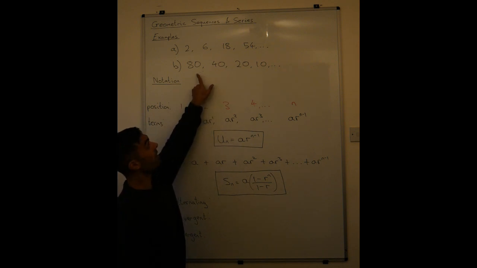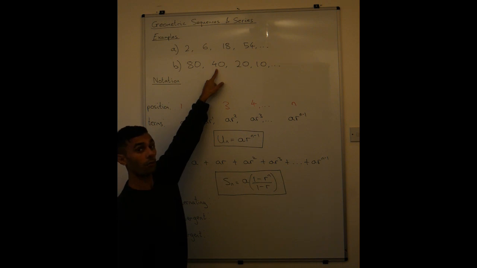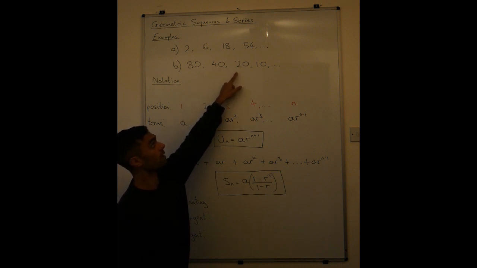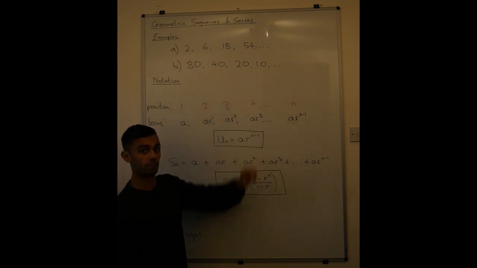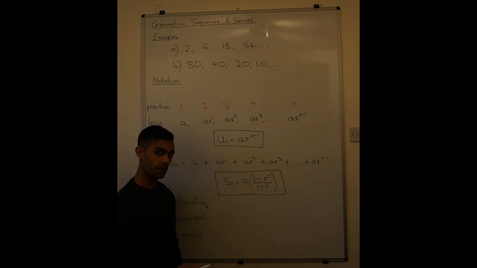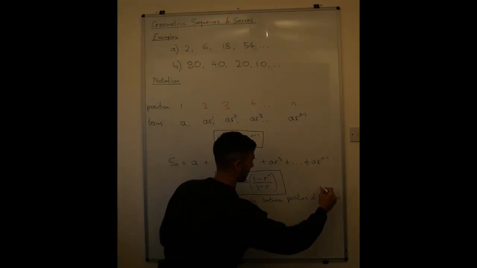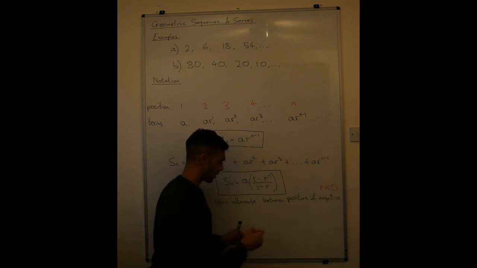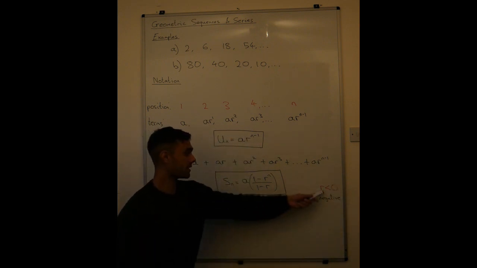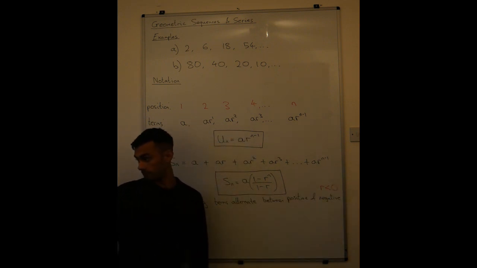So up here, instead, if we were multiplying by minus a half, it would go 80, minus 40, 20, minus 10. So that's an alternating sequence. I'll put the condition down here and the definition. If you have a common ratio that's negative, it's going to be alternating.